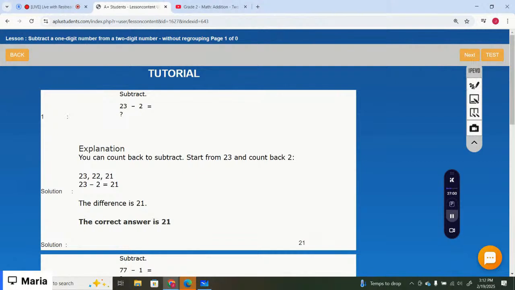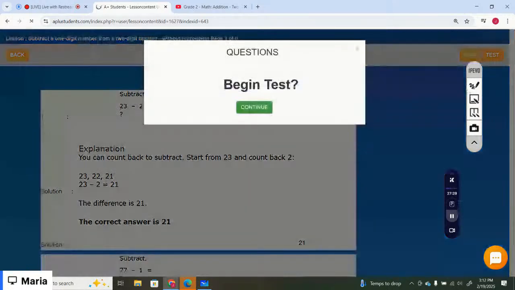So that means 23 take away 2 is 21. Let's just start with the test questions.